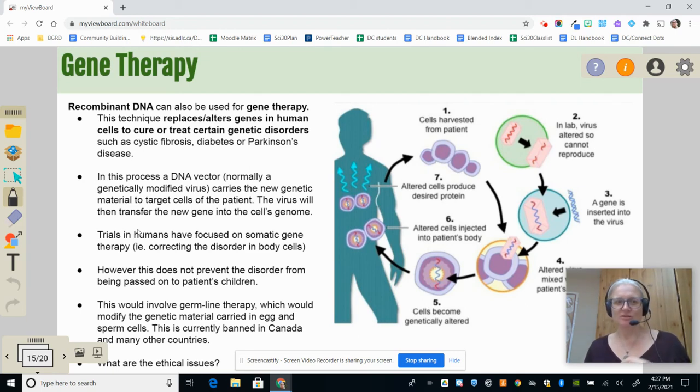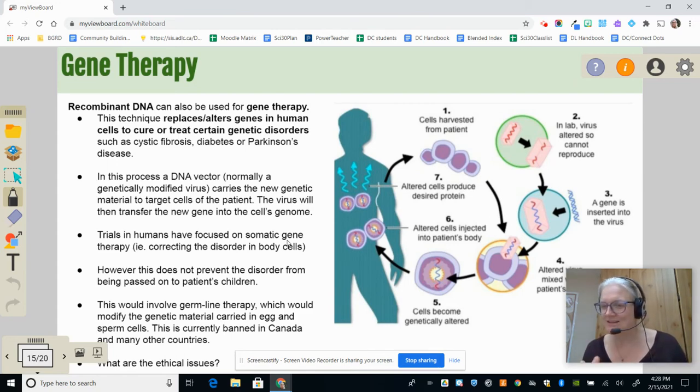Yeah. So there are a lot of trials going on right now in humans. And when they do trials, they focus on the somatic cells. These are the body cells, correcting the disease in the body cells. This does not prevent the offspring from still getting the disease because they're not doing this therapy with the gamete cells, right?